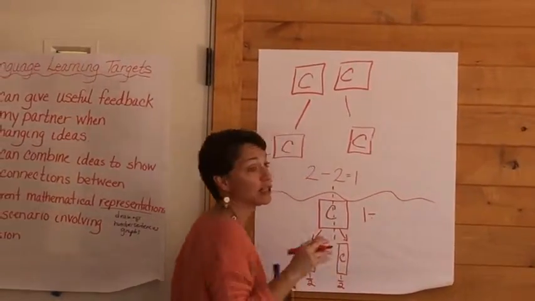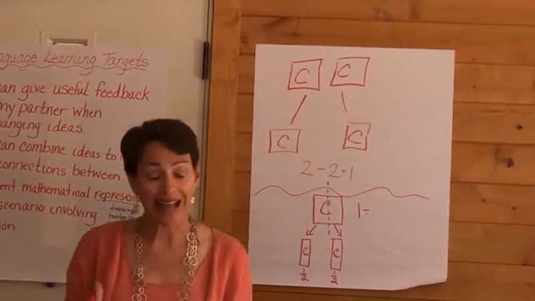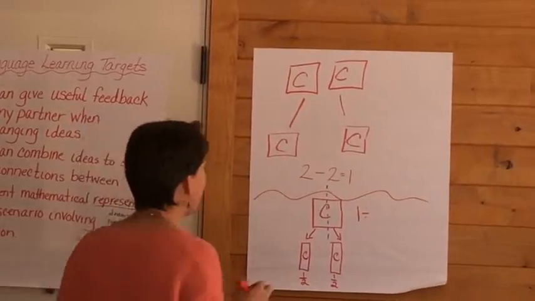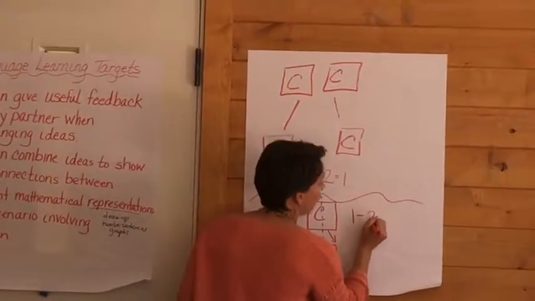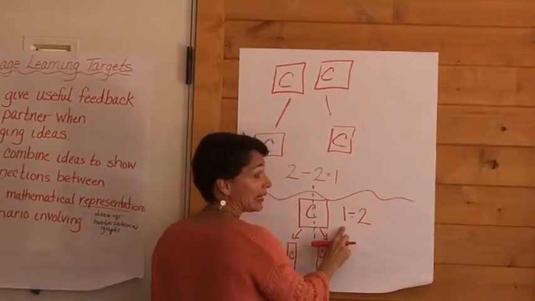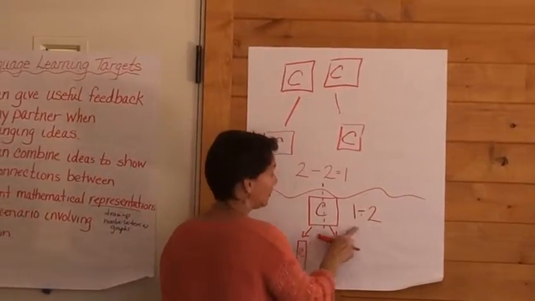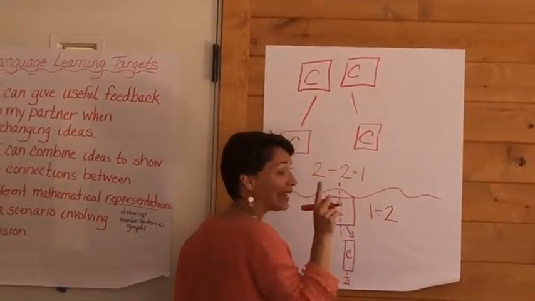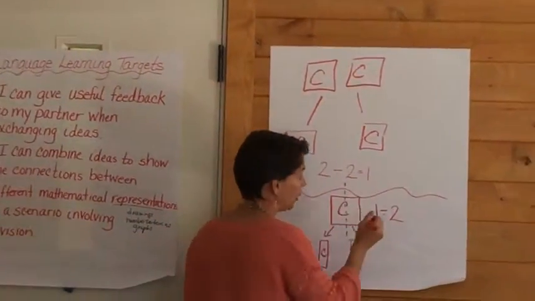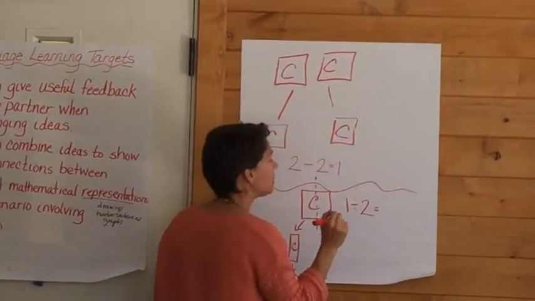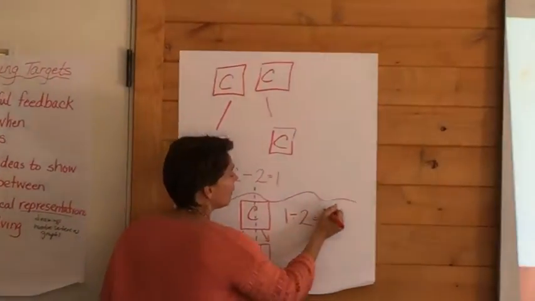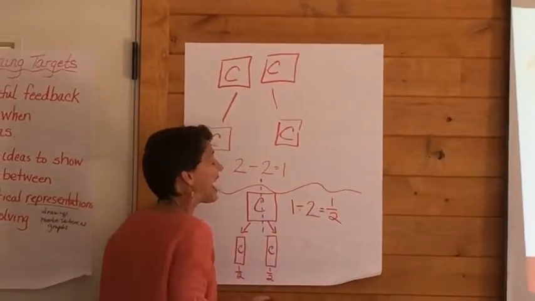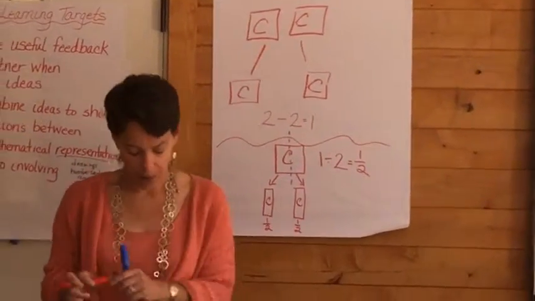And what am I dividing it by? 2. This is my divisor, right? So I have 1 cracker, which is my dividend, divided by 2 people, which is my divisor, if I look at my chart. And what's my quotient going to be? 1/2. 1 over 2, or 1/2. Okay, 1/2.